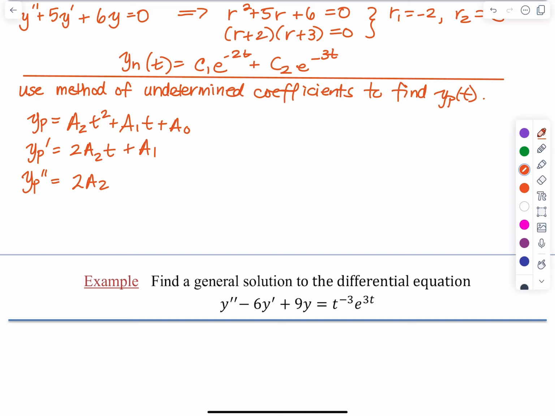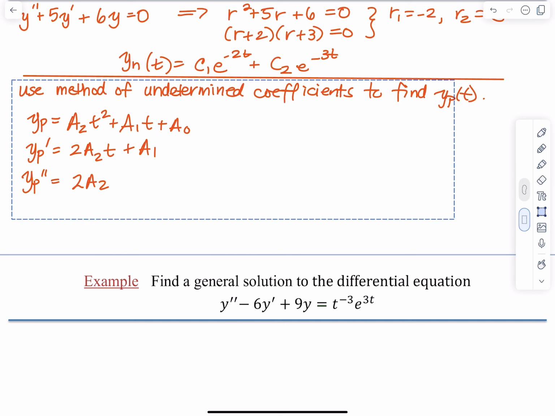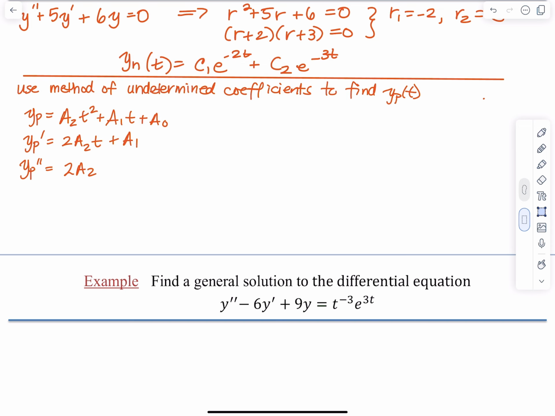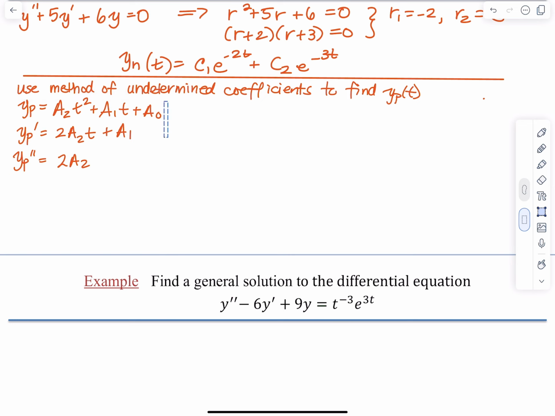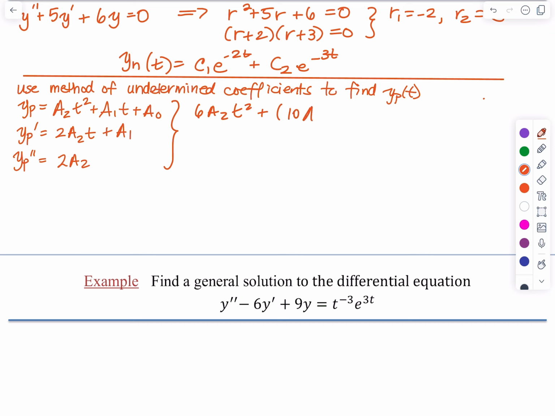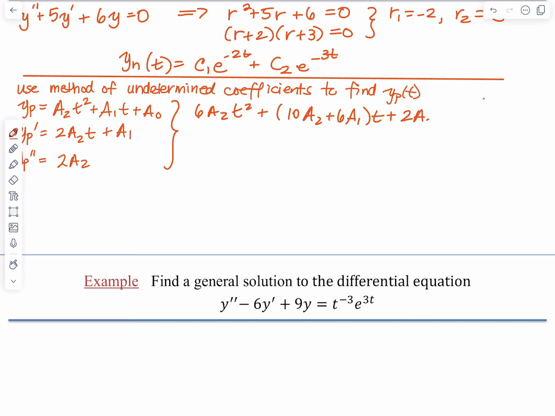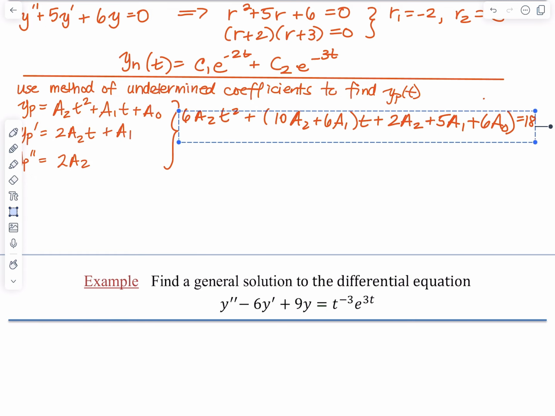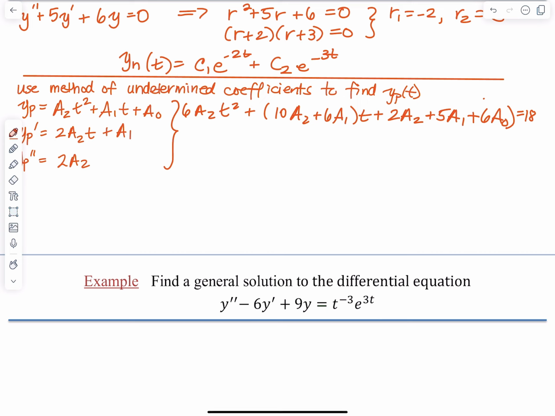So we can see here that when we substitute these into the original equation, we have 6a2 t squared plus 10a2 plus 6a1t plus 2a2 plus 5a1 plus 6a naught is going to be equal to 18t squared.